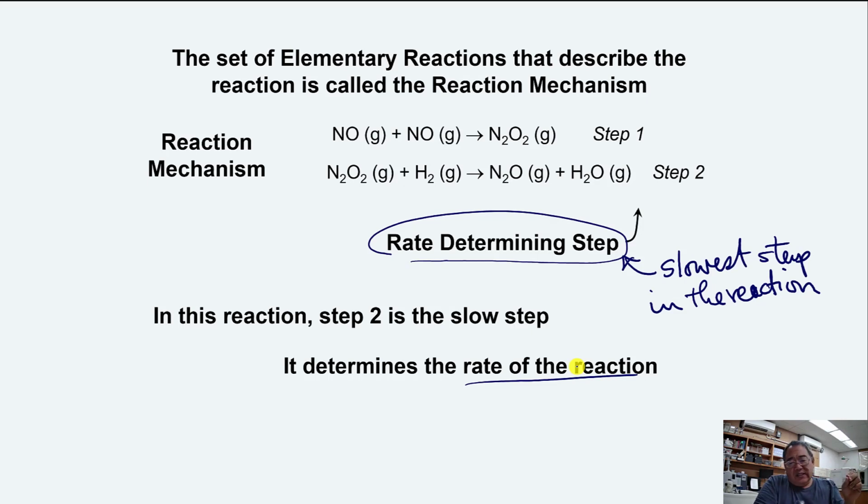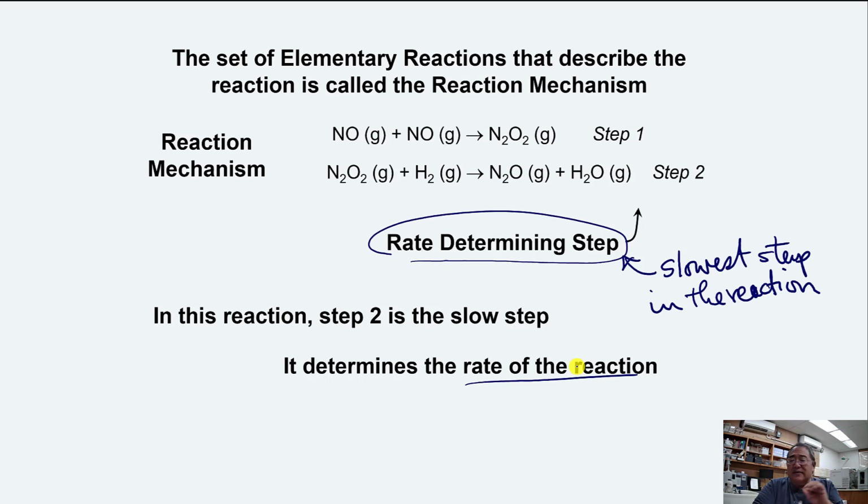If the first step was slow and the second step was fast, the second step's just waiting for the first step to give it the intermediates in order to continue on. So the first step would determine how fast the reaction goes overall. But what if the second step was the slow step? Then the first reaction is going really fast. The intermediates will build up, but they can't go through the reaction any faster than the second reaction allows them to. So the reaction rate is always determined by the slow step.